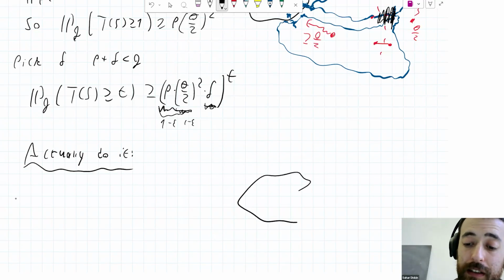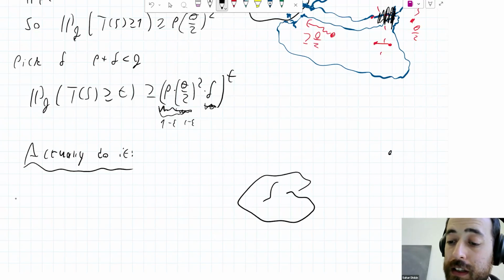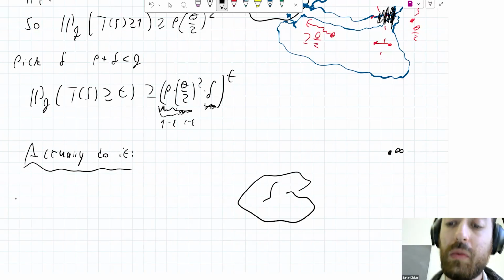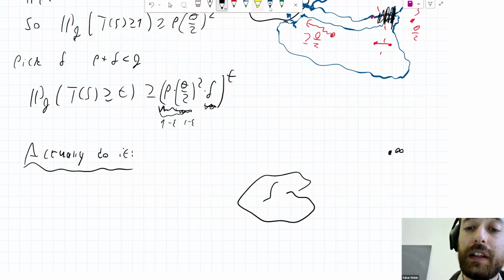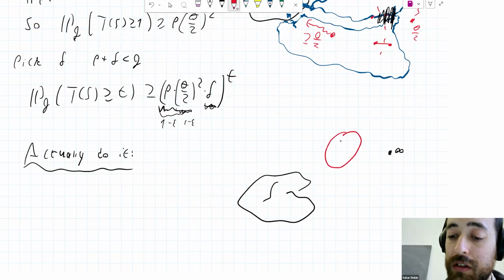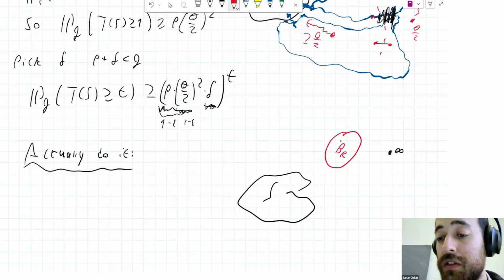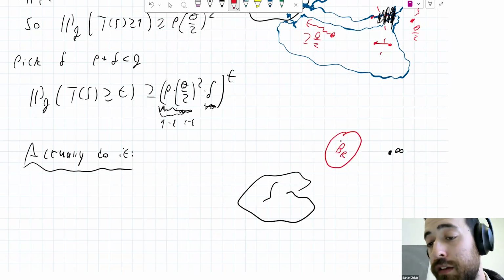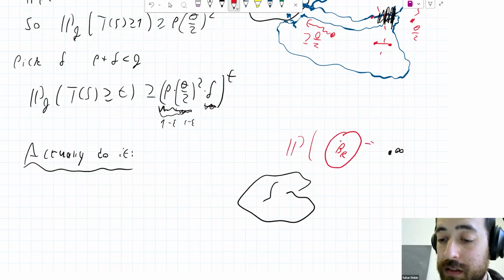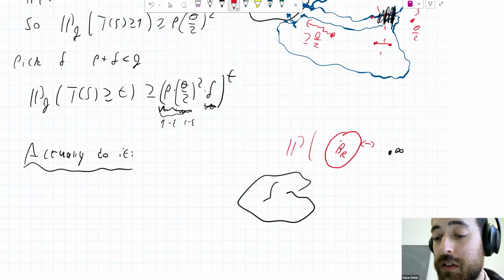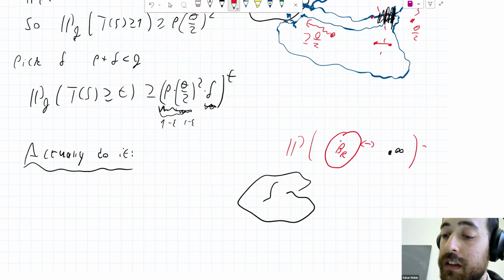So I have my set S, and I have infinity. And one thing that is true, since we are in a transitive graph, is that if we take a ball of sufficiently large radius, the probability that it is connected to infinity in the entire graph, you can choose it large enough such that this is 1 minus epsilon.